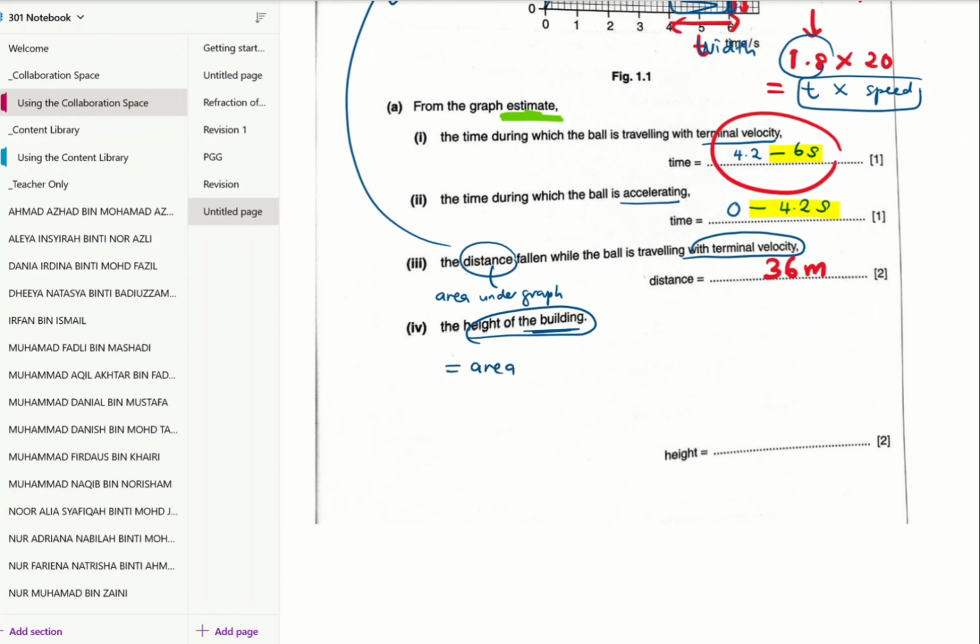If you look at the shape under the graph, it's the shape of a rectangle that we have just calculated, plus some sort of a trapezium.